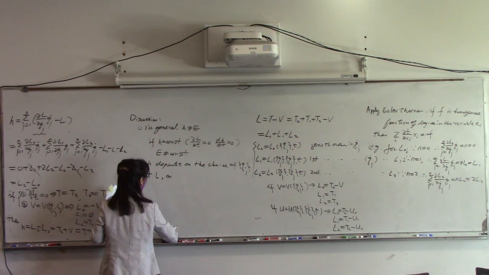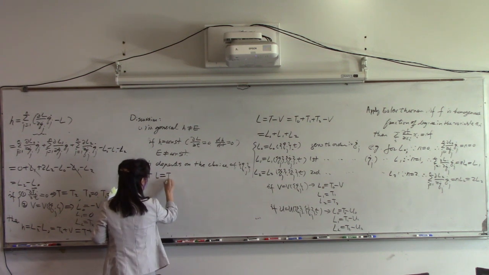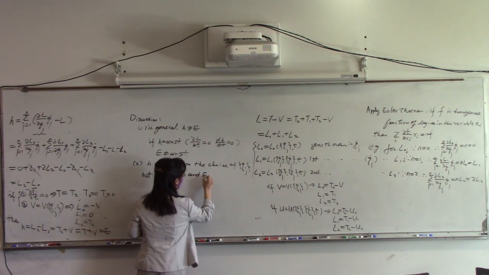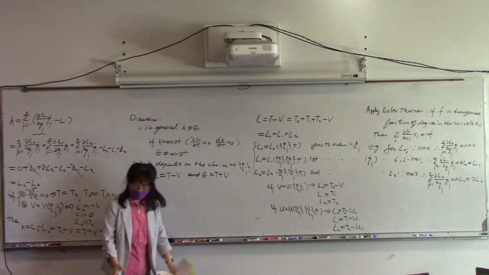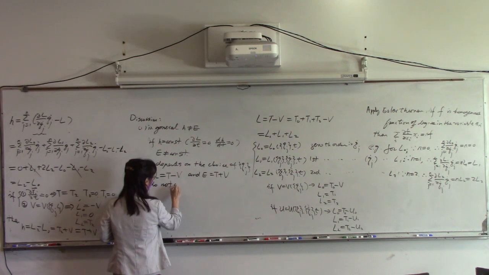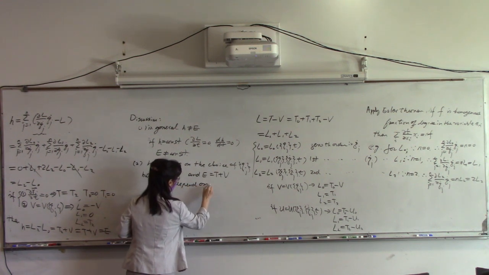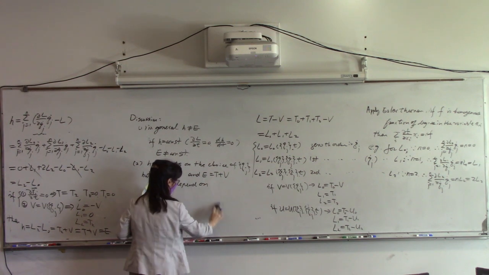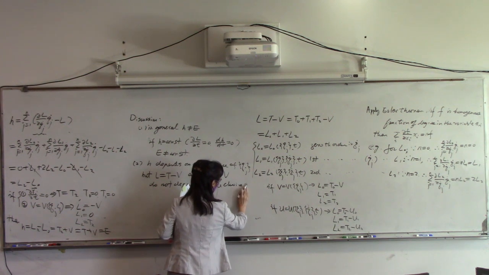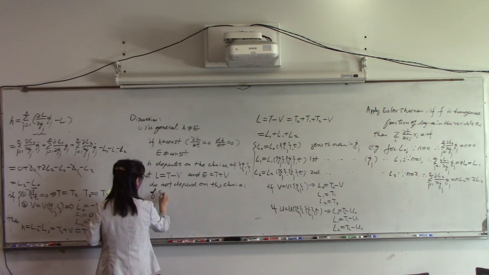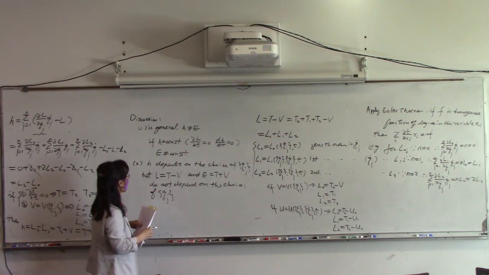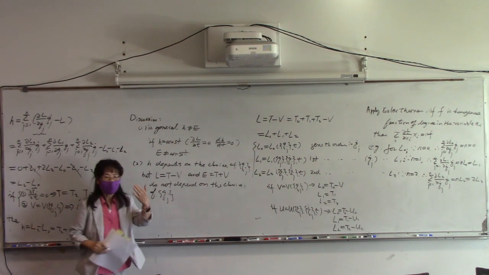But L, the Lagrangian, which is physically the difference of the total kinetic energy and potential energy, does not depend on the choice of generalized coordinates. The value does not depend, though the expression may differ.